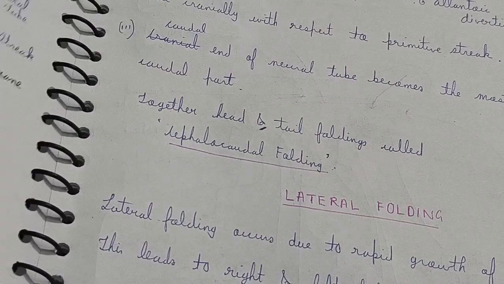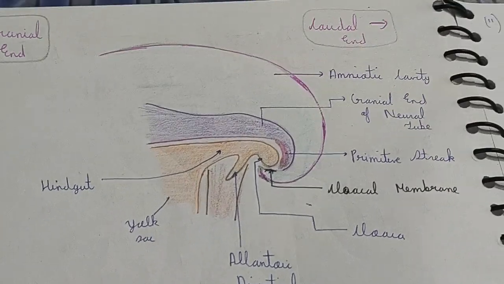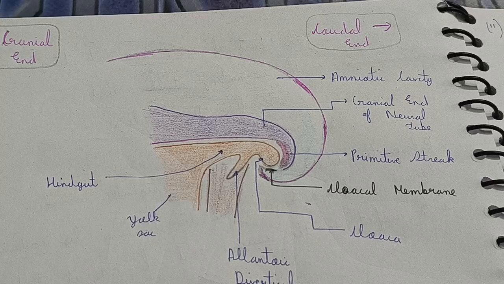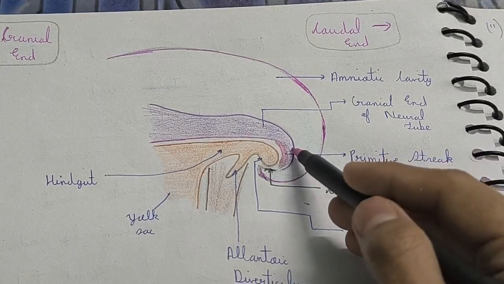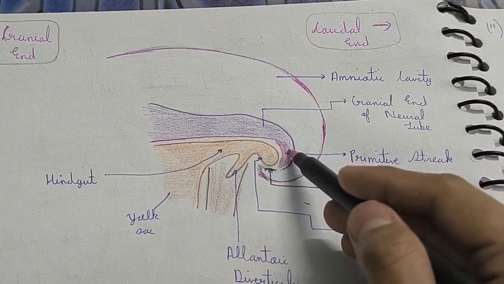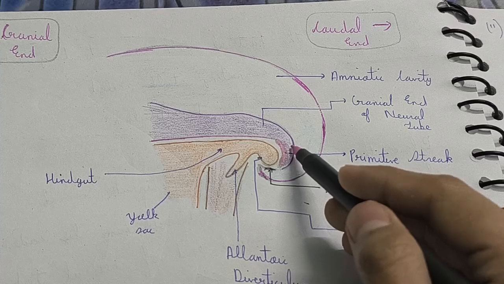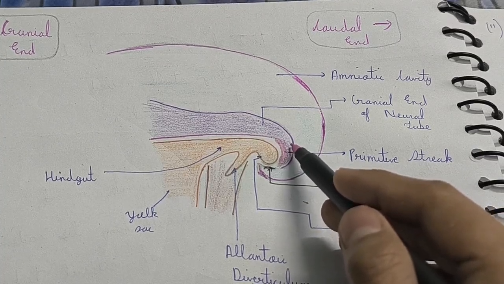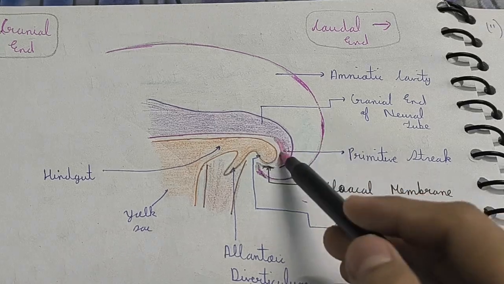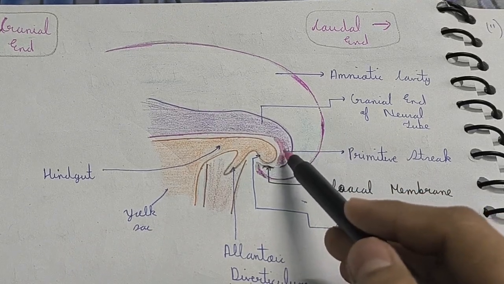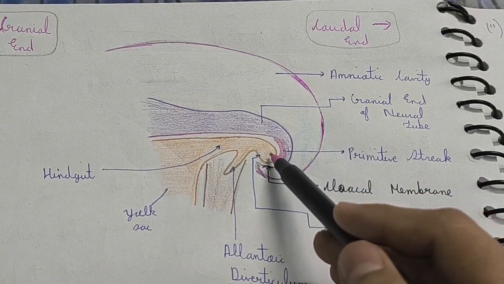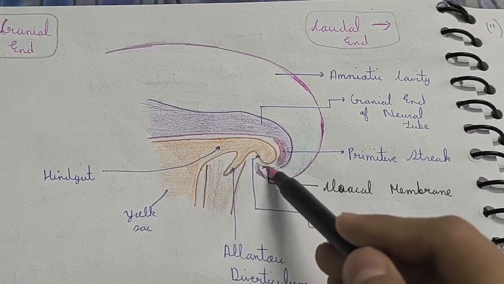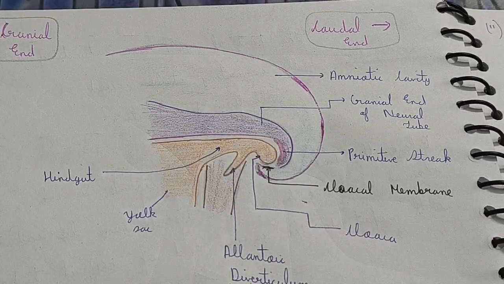This is the situation after the complete formation of the tail fold. You can see that the caudal end of the neural tube lies at the most caudal portion of the embryonic disc, and the primitive streak lies caudally with respect to the connecting stalk, allantoic diverticulum, and the cloacal membrane.